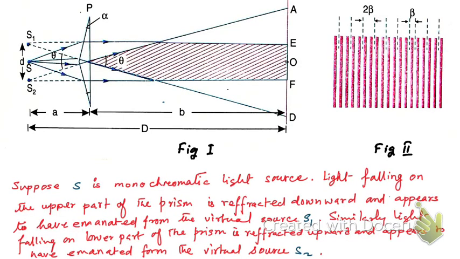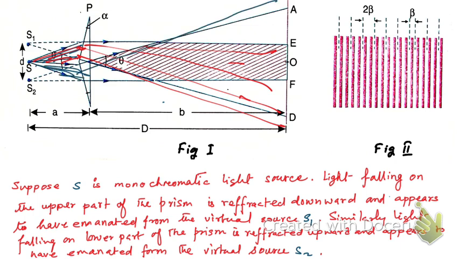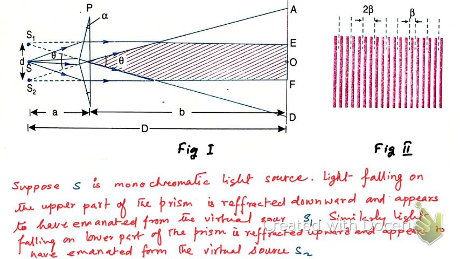So here you can see the light falls on the upper part of this prism and is refracted downward like this, and the light falling on the lower part of the prism is refracted upward like this. You can see the interference on a screen if you place one here, and after refraction you can see that clearly.